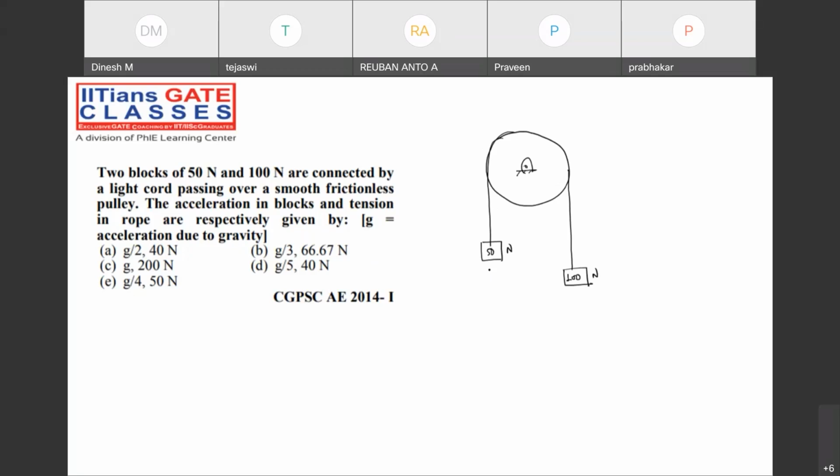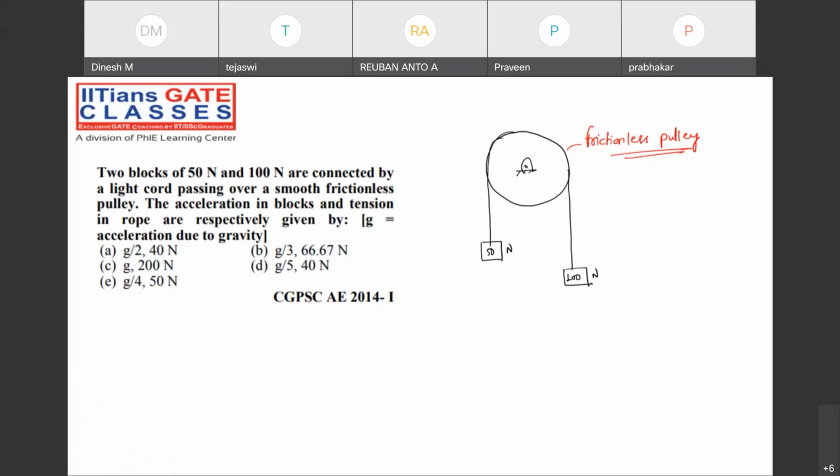They are asking what the acceleration and the tension in the string over the pulley should be. This pulley is frictionless. That means whatever the tension will be in one string, the same tension will transfer to the other string also, because if there is no friction, it will be smooth.